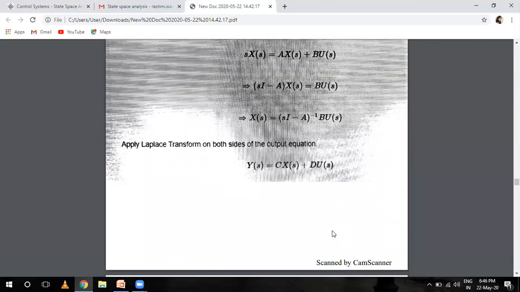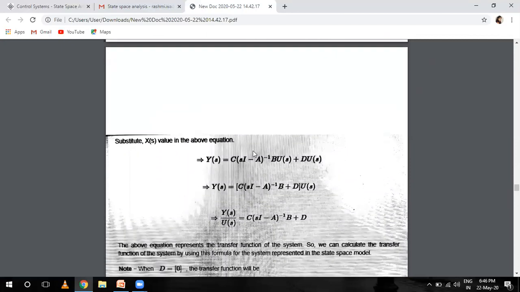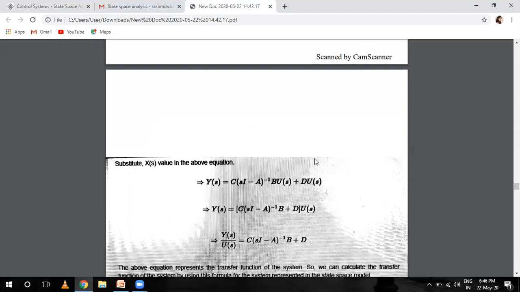Apply the Laplace transform on both the sides, Y(s) is equal to CX(s) plus DU(s). Substituting the X value in the above equation, हमने X की जगह ये वैल्यू पुट कर दी, plus D.